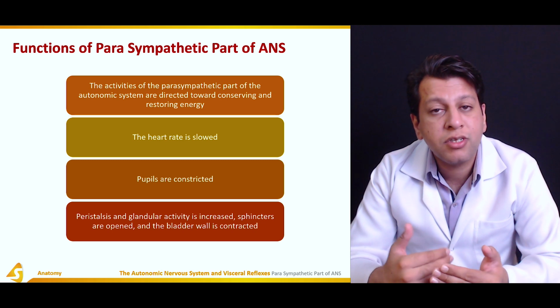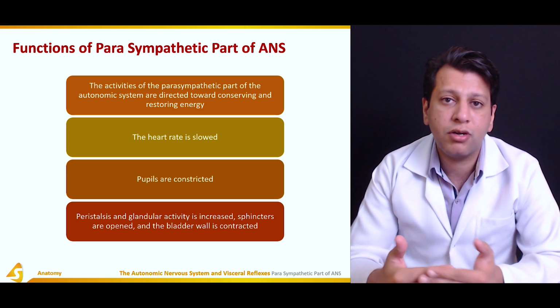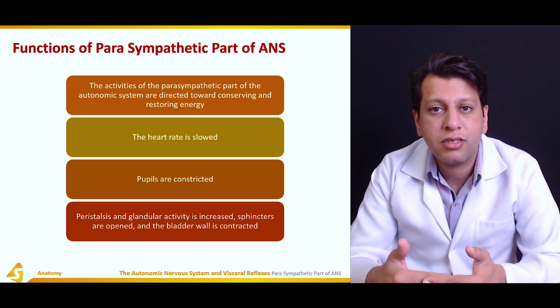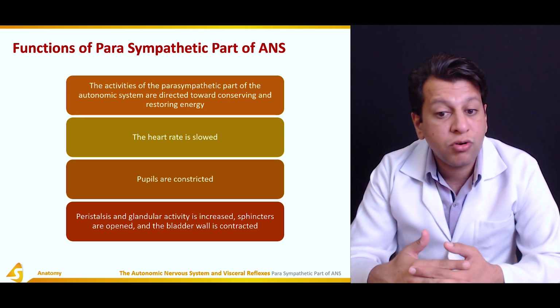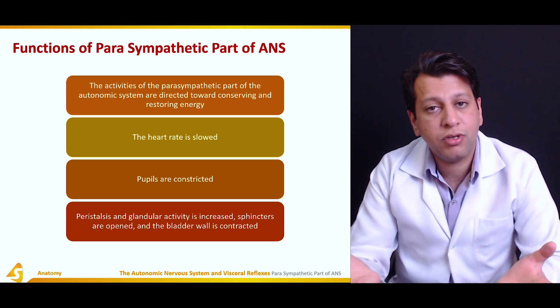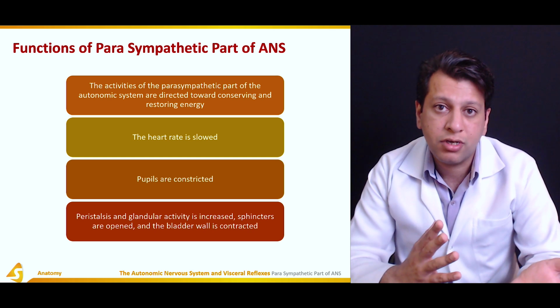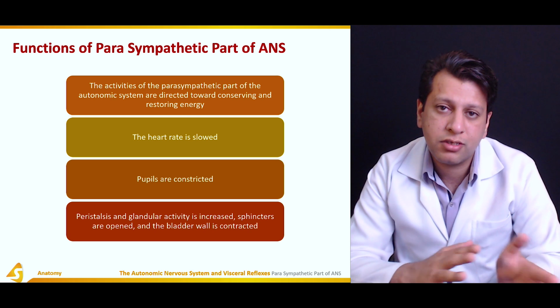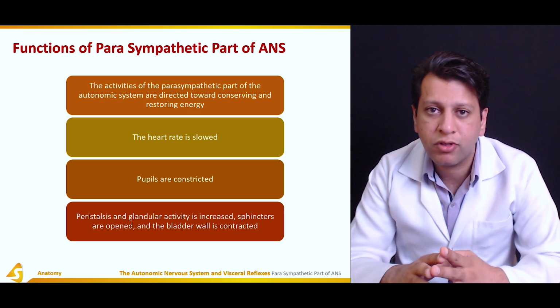Peristalsis and glandular activity are increased because now you've taken a very good meal and you need to digest it so that you can extract energy from it. Sphincters are open, the bladder wall is contracted, so you get relaxed. Yes, you can go to the bathroom, you can urinate, you can digest, and you can have a relaxing time now because all this is happening due to the parasympathetic part of the autonomic nervous system.